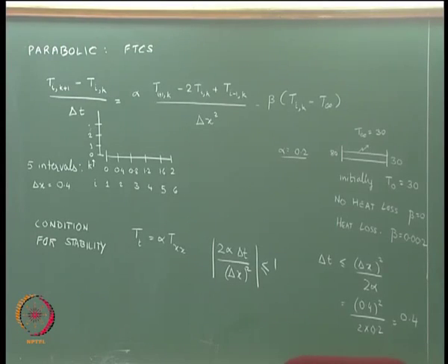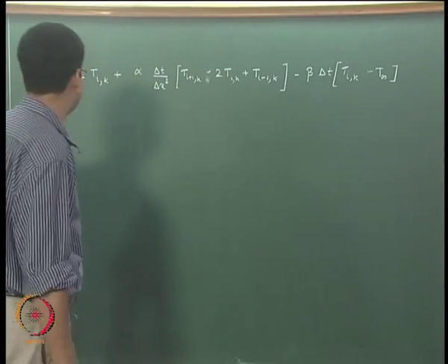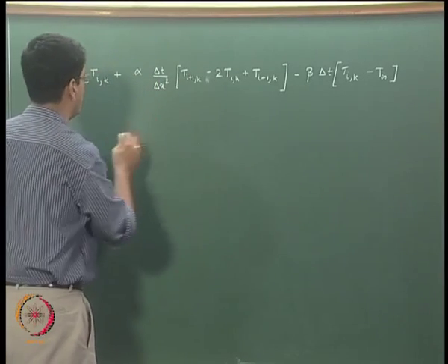minus T infinity. Okay. So, this we can take Ti comma k along with the rest of this stuff.